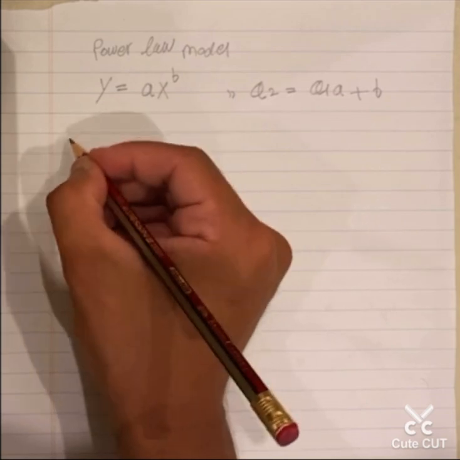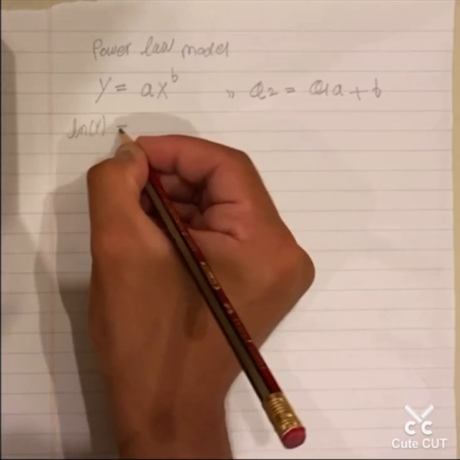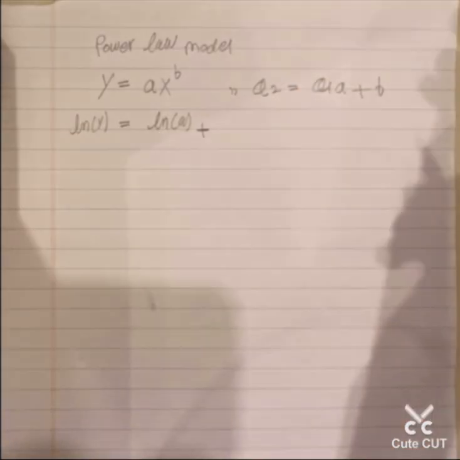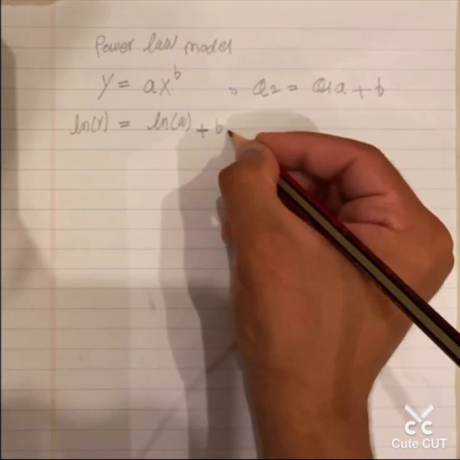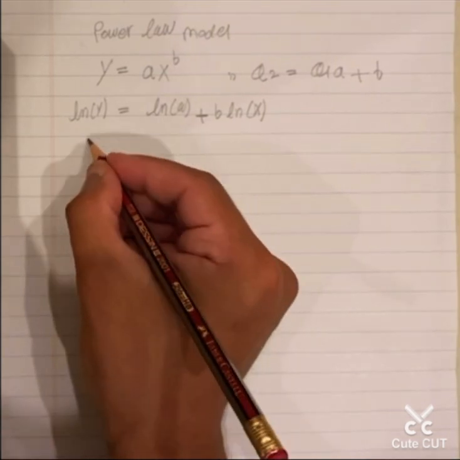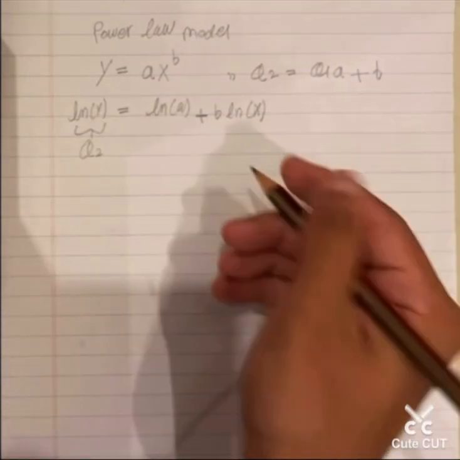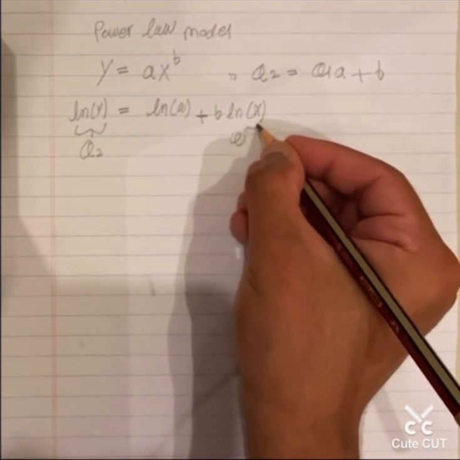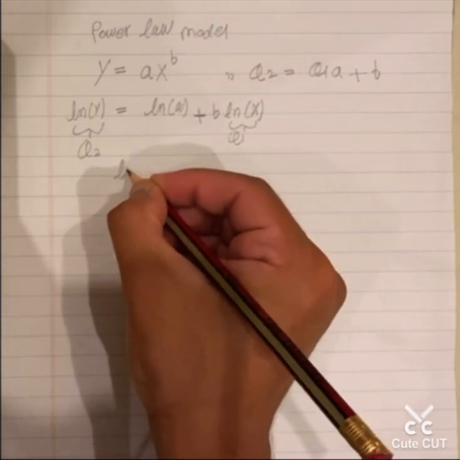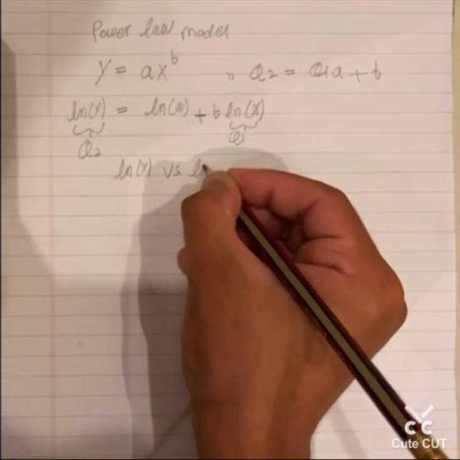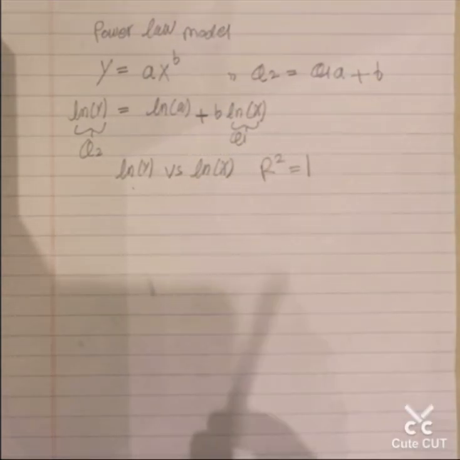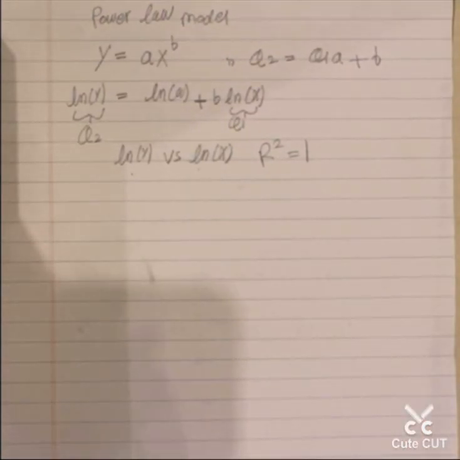So what will happen? You will say ln in both sides. It will be ln a plus, if you take ln x to the power b, you will lower it. So it will be b ln x, something like this. So now quantity 2 is this one, and quantity 1 is ln x rather than x like in the exponential model. So we will draw ln y versus ln x, and we guarantee that this relation will be linear, r square equal to 1, coefficient of determination equal to 1.